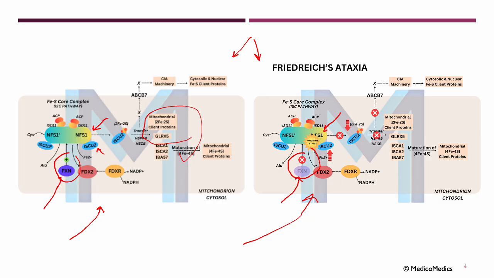Without it, the entire iron-sulfur cluster production line collapses, and there is iron overload and oxidative stress damaging the mitochondria, starving cells of energy, and leading to those symptoms seen in, for example, Friedreich's ataxia.